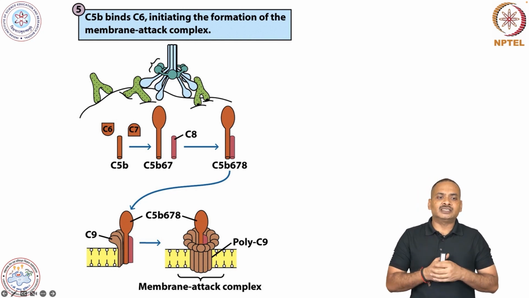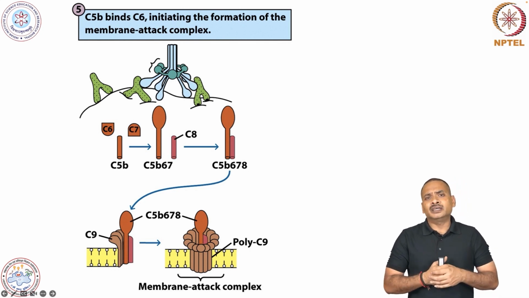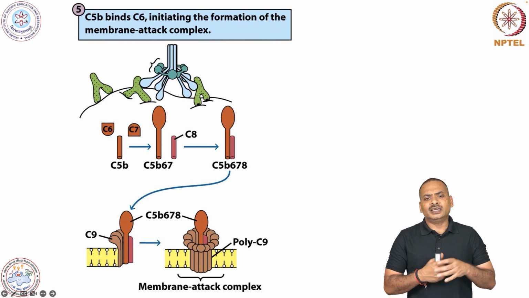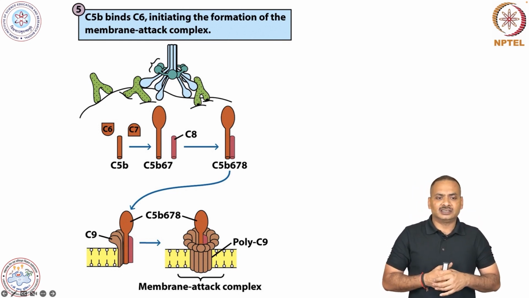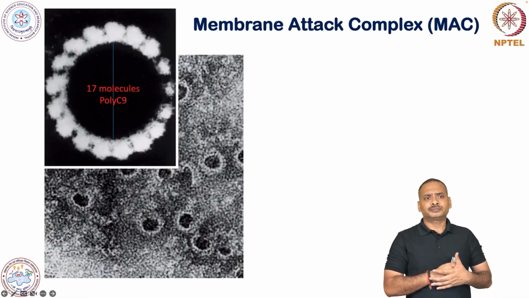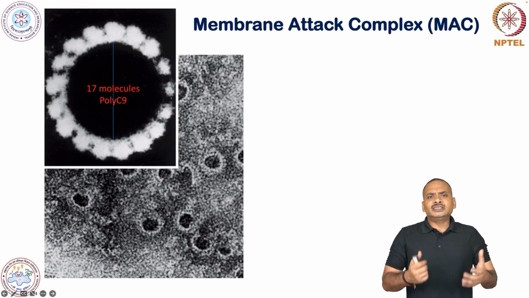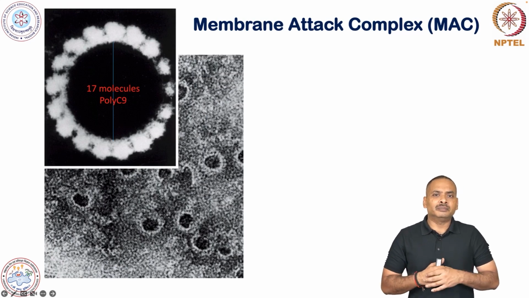Here you can see that this membrane attack complex is formed, and this is basically supported by C9, and this C9 makes a pore in the target cells. So there is a lot of evidence about this membrane attack complex.